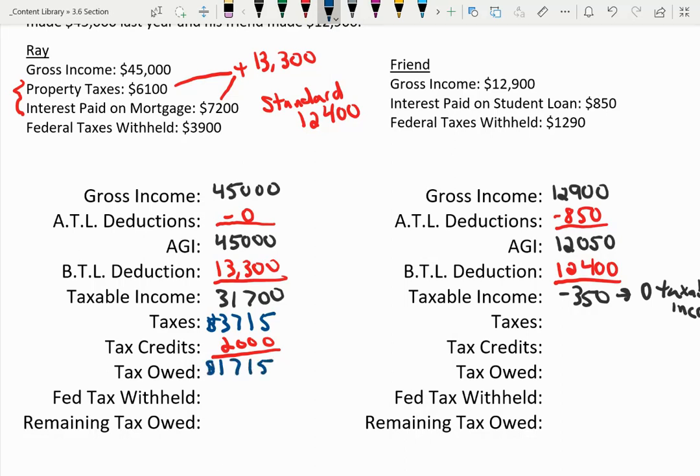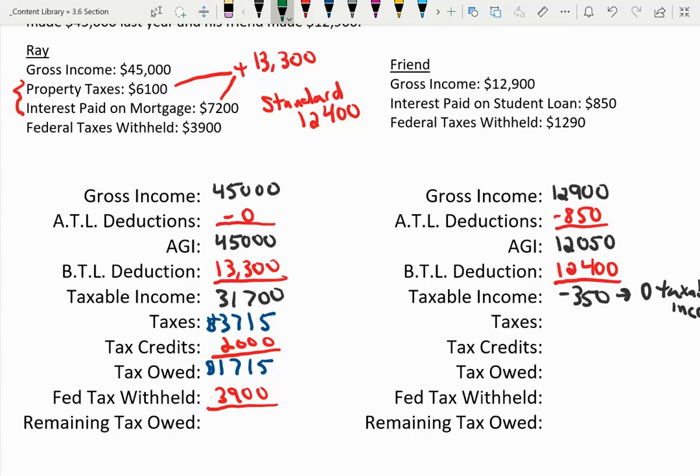So now what he owes in taxes would be $1,715. Now, the nice thing about his employer is that his employer has been withholding money throughout the year for Ray to use towards his taxes. So the employer had withheld the 3,900. When you do that subtraction, remember, he owes $1,715, but his employer already held out $3,900.